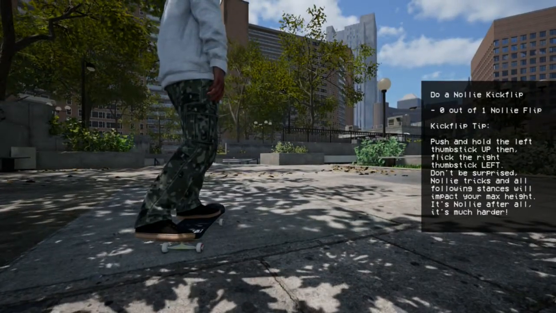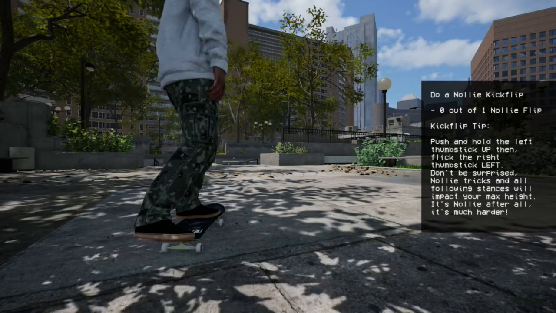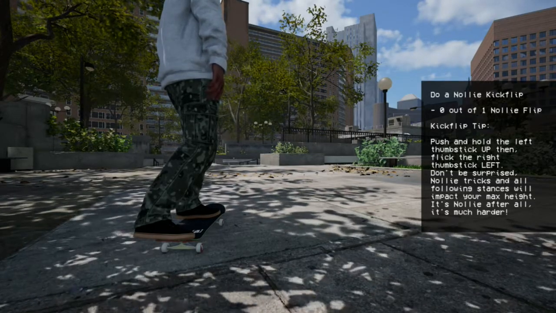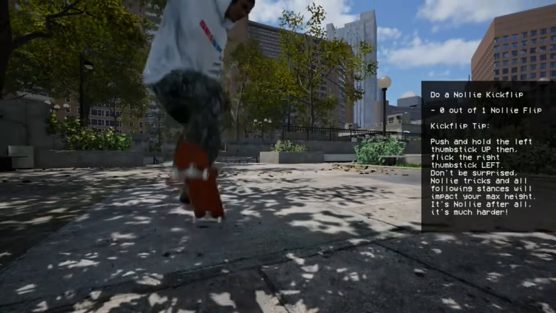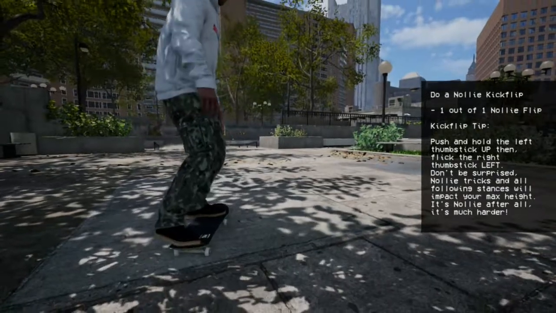All right, a nollie kickflip. Push and hold the left thumbstick up, then flick the right thumbstick left. Oh, I see what's happening. There you go.